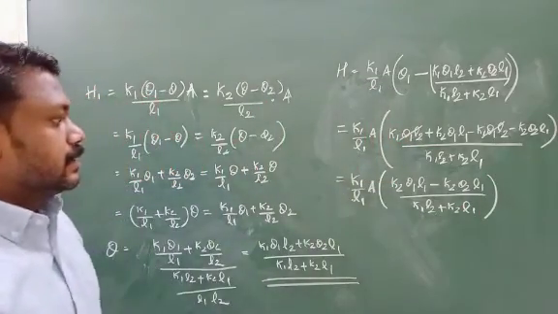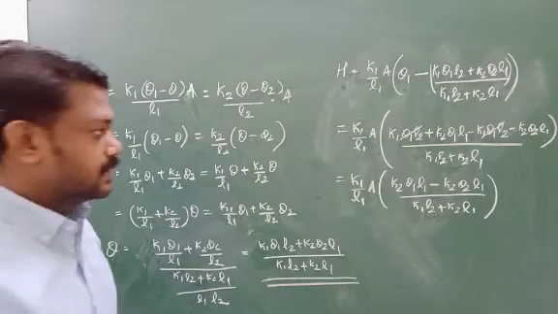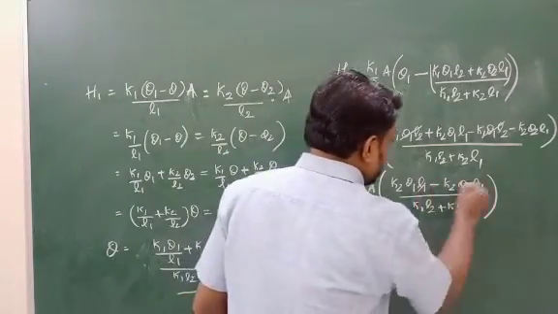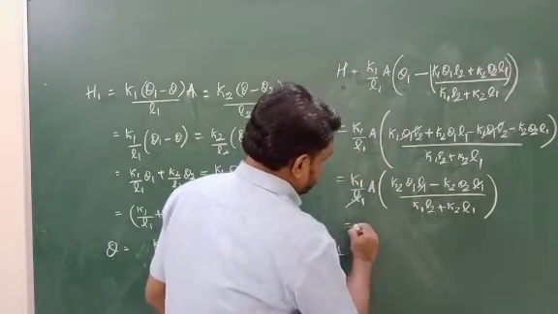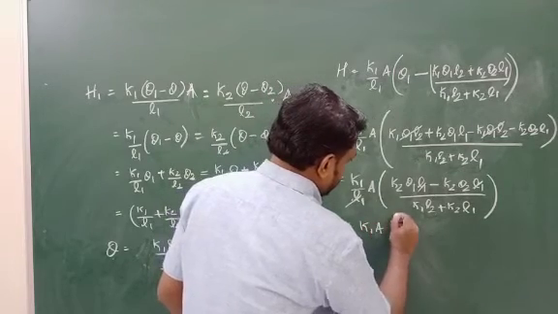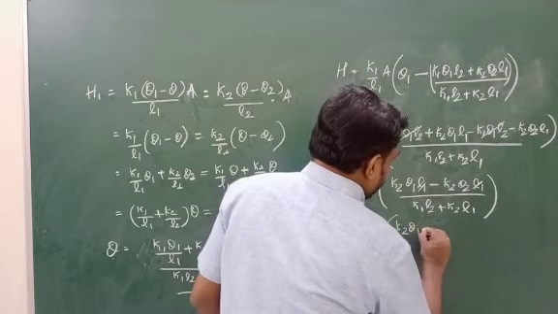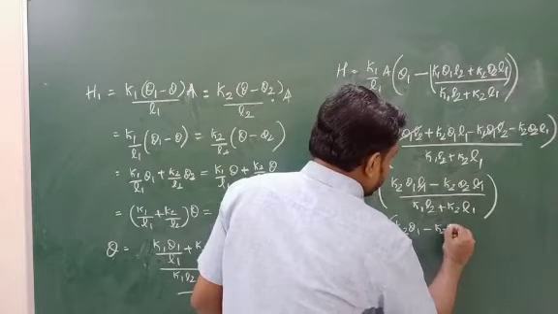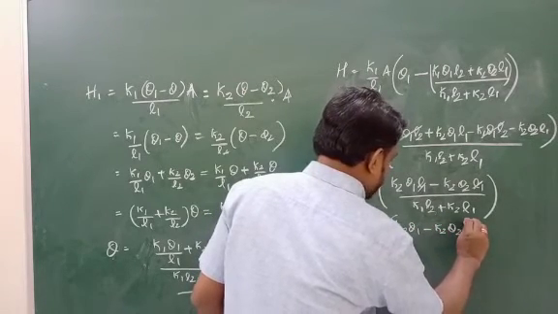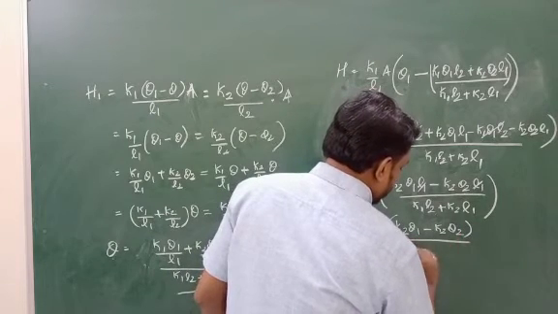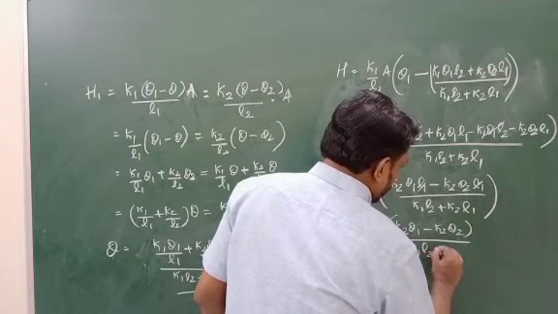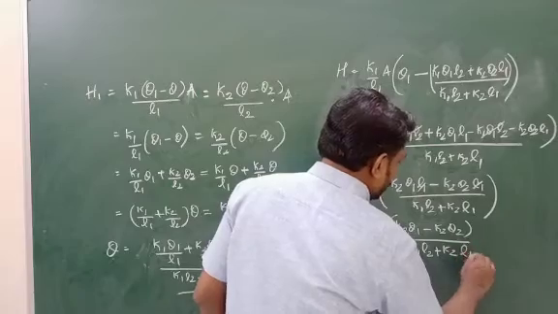So L1 is common, it can be cancelled. K1 A into K2 theta 1 minus K2 theta 2 divided by K1 L2 plus K2 L1.